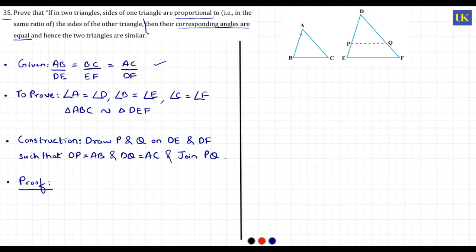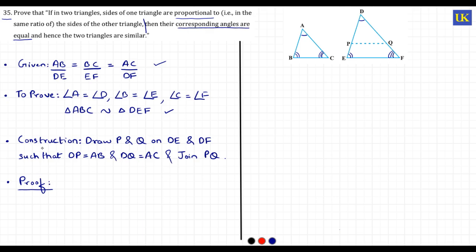So this angle A should be equal to angle D, angle B should be equal to E, and C should be equal to F. And hence we will say that both the triangles are similar to each other. That is what we have to prove here.